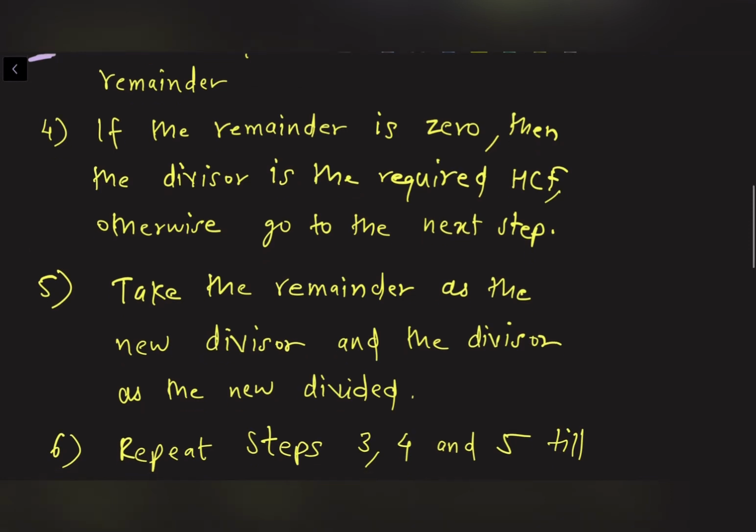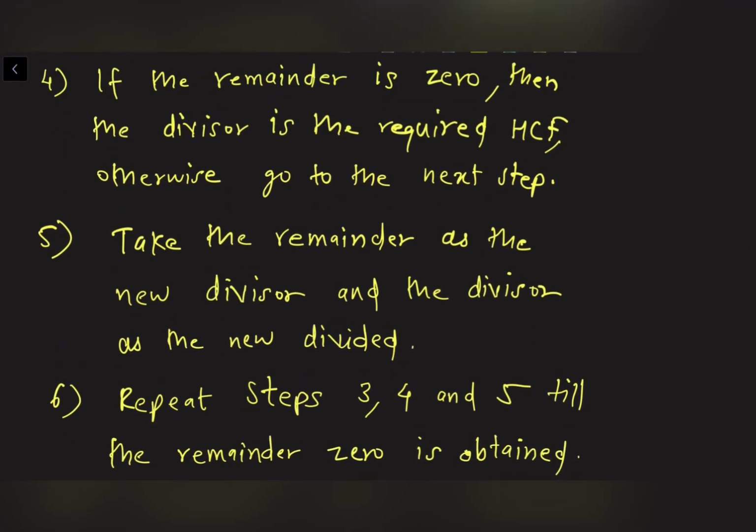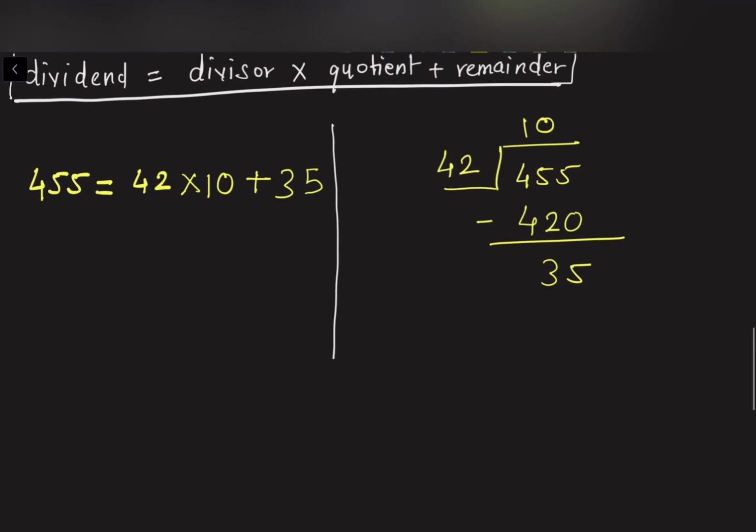What is the next step? Take the remainder as the new divisor and the divisor as the new dividend.